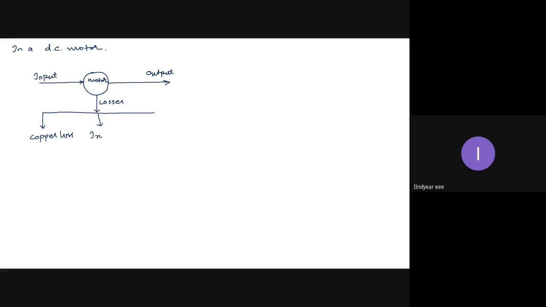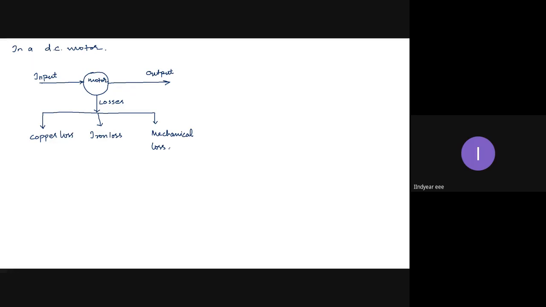Second is iron loss. Third is mechanical loss. So in any rotating machine, these three losses are bound to occur.